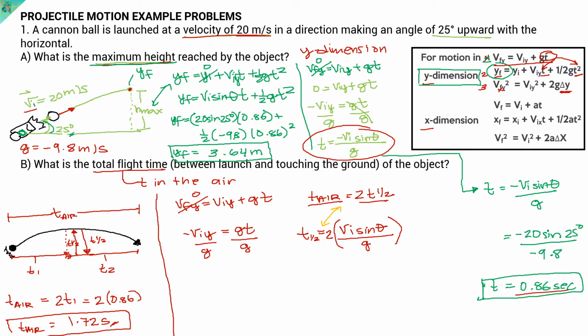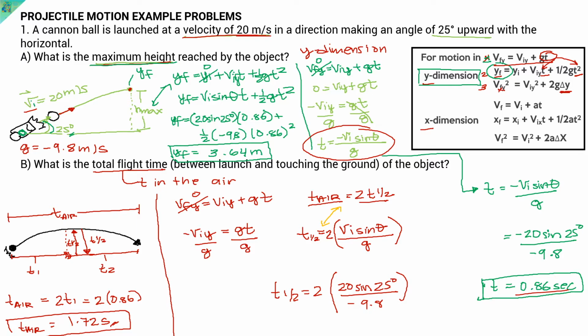Which means we can just plug in our values. Time in the air is equal to 2 V_i sine theta over g, where our V_i is again 20, sine of the angle, which is 25 degrees, over our g, which is negative 9.8.